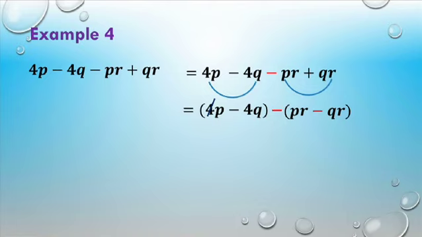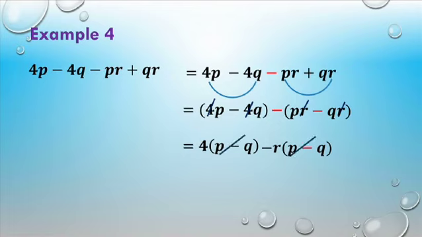For the first pair of brackets, I have 4 common. So I have 4 into p minus q minus, for the second pair of brackets, I have r common. So I have r into p minus q. And I can see that p minus q is common. So I'm going to have p minus q into 4 minus r.